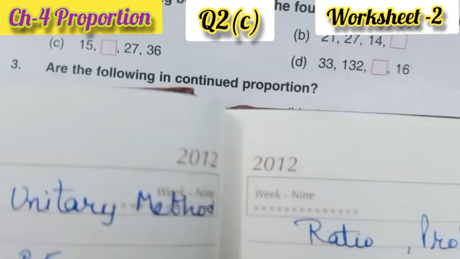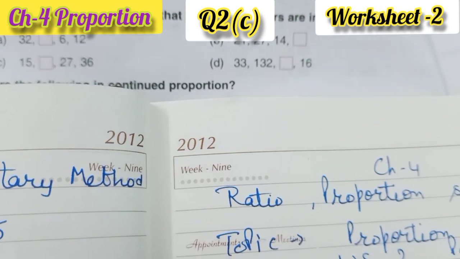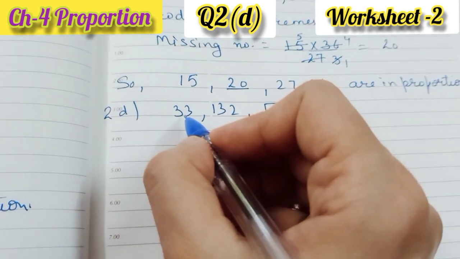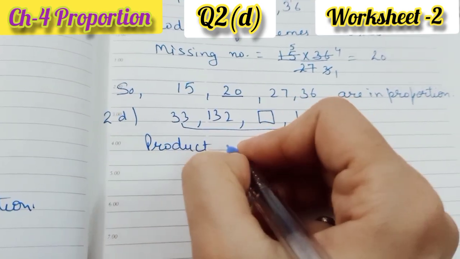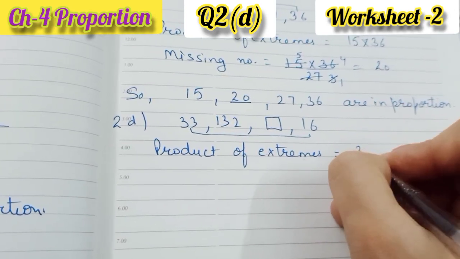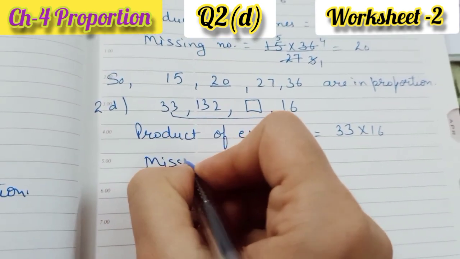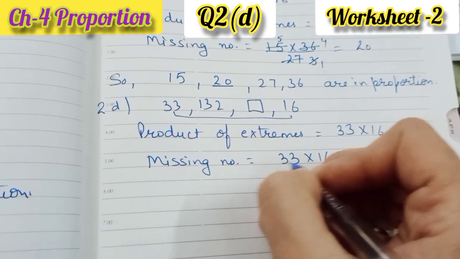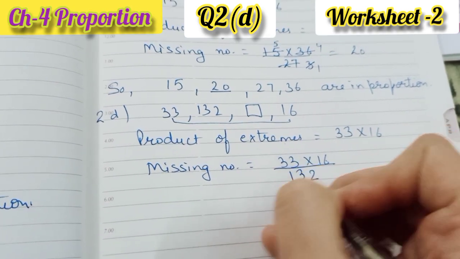So now next, 33, 132, the missing number, and 16. So here the mean is missing, extremes are given. So find the product of extremes. That is 33 multiplied by 16. Now find the missing number. Divide the product of extremes by the one number.